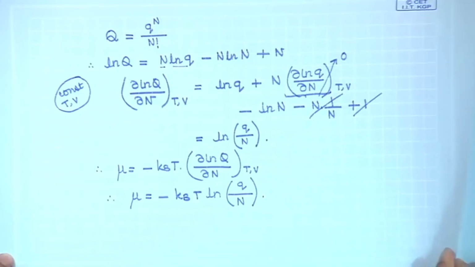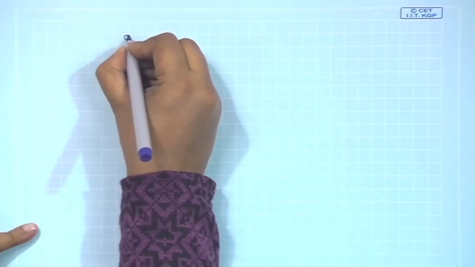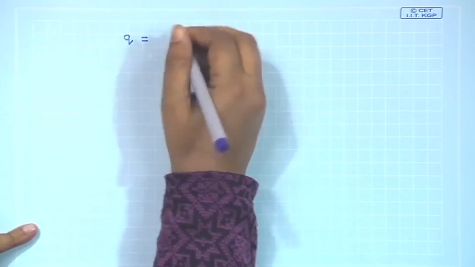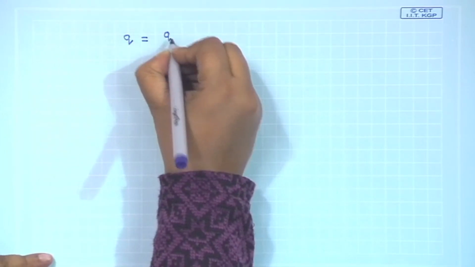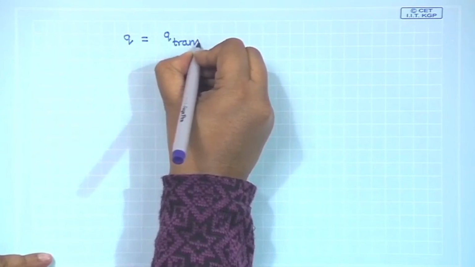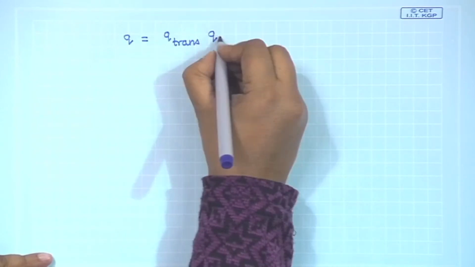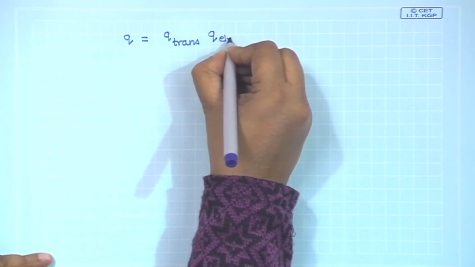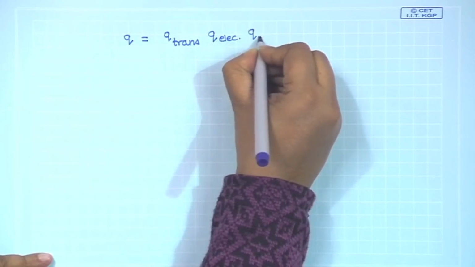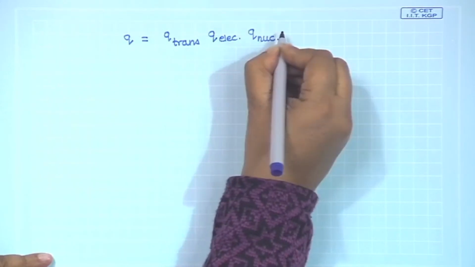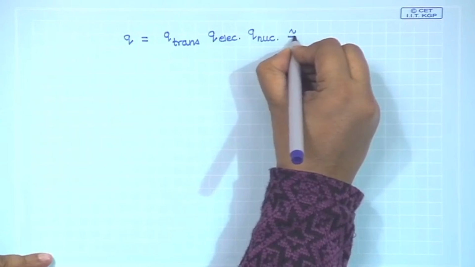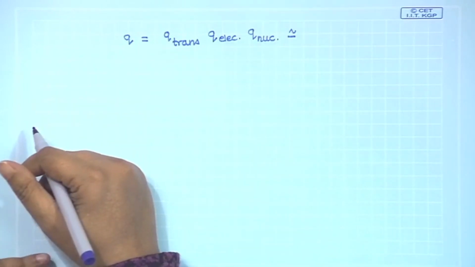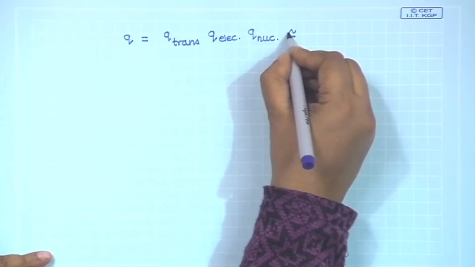The next thing that I will do here is as follows. I am going to write down once again the explicit expression for small q. So small q is equal to something like Q trans for a monatomic gas, Q electronic and Q nuclear. Now, Q nuclear is a constant term, therefore for our purpose we can neglect that.